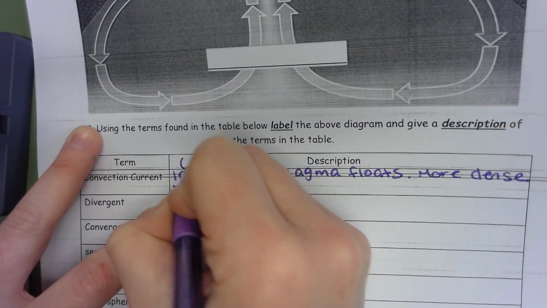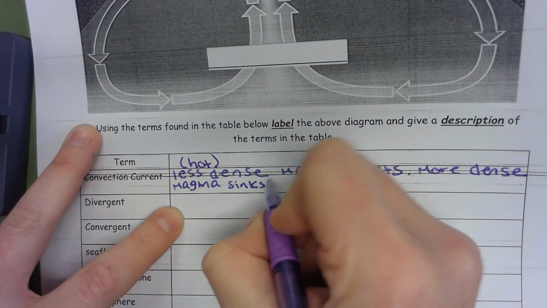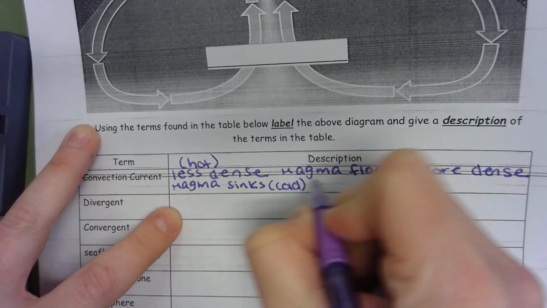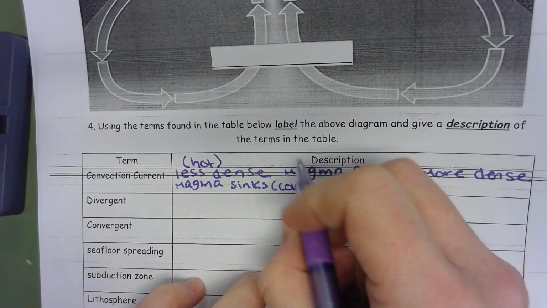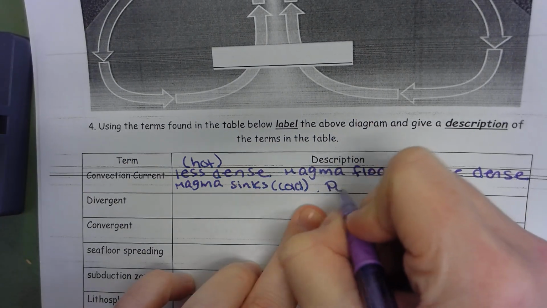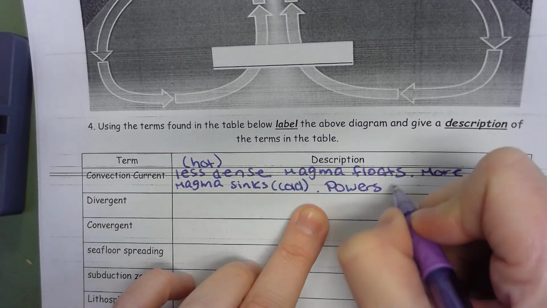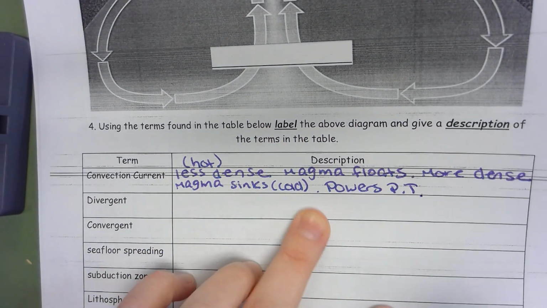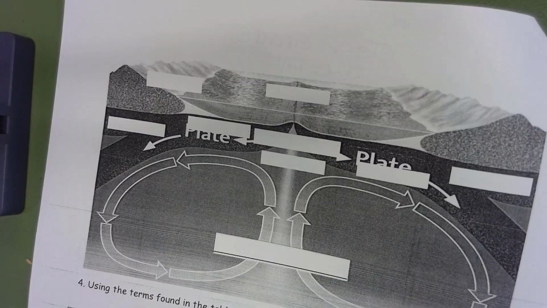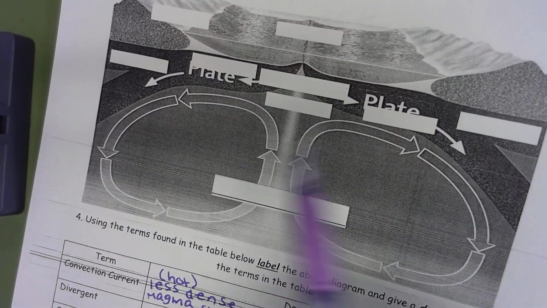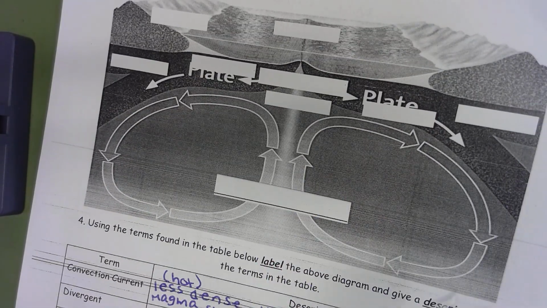And remember, this is going to be the hot stuff up here, and this is going to be the cold stuff here. And that it powers plate tectonics. Now, right away, I see something that looks like it's a cycle. Remember that convection currents are a cycling of heat.